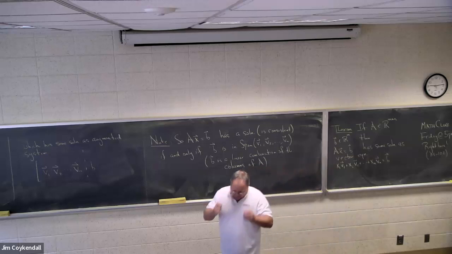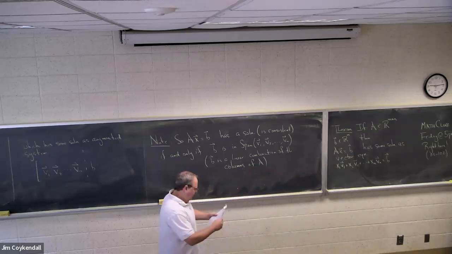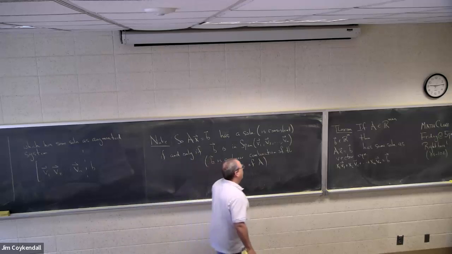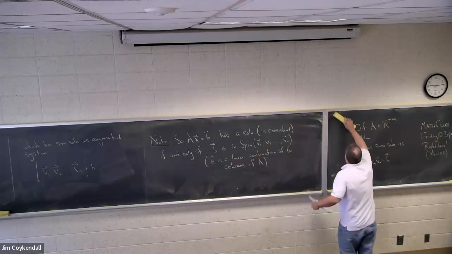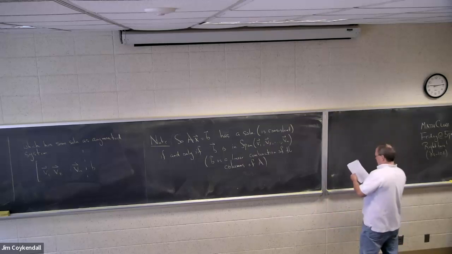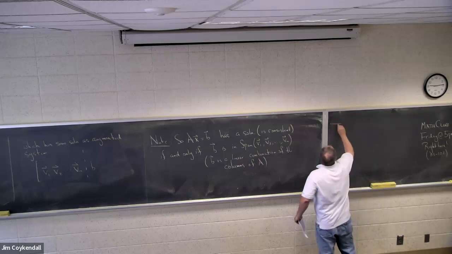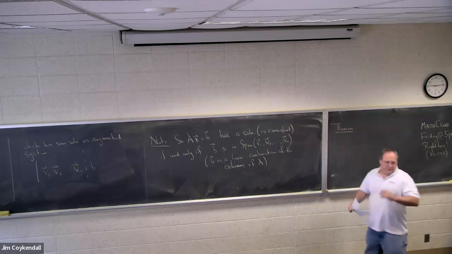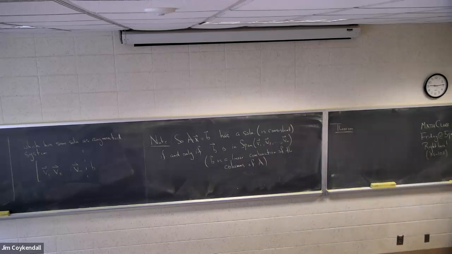Okay. Let me give you a theorem here. As we go on in this class, I'm going to add more and more to this theorem when we get to some further sections.